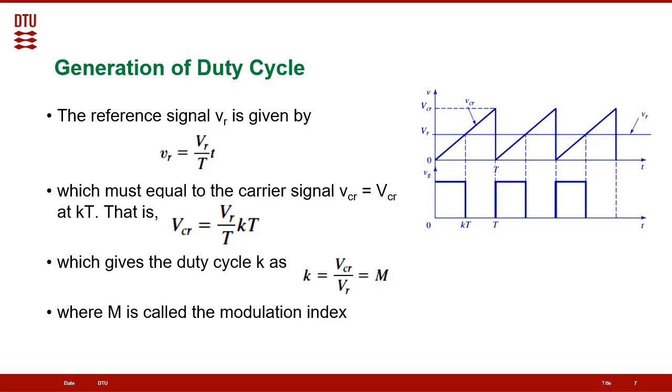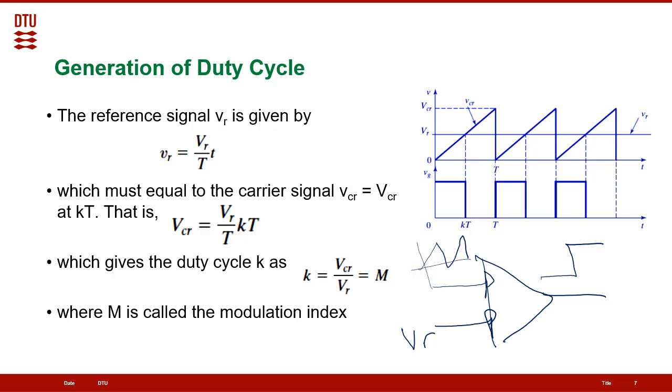Now there is an important concept: how can we produce a variable duty cycle? If we have here a sawtooth signal, and we have, for example, a DC signal which is my VR, and these are applied to a comparator, the comparator output will be high or low.